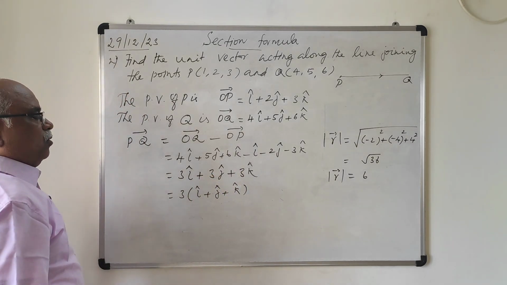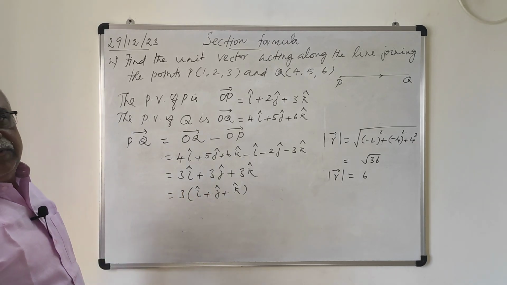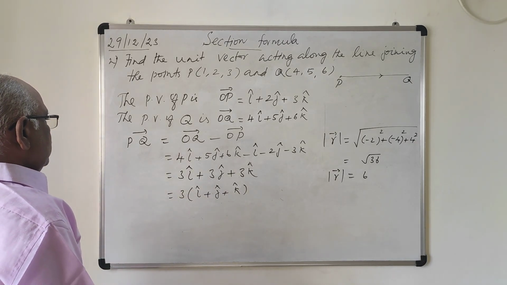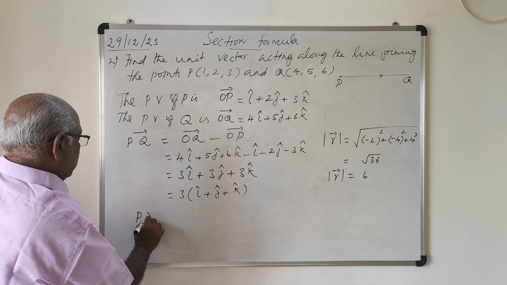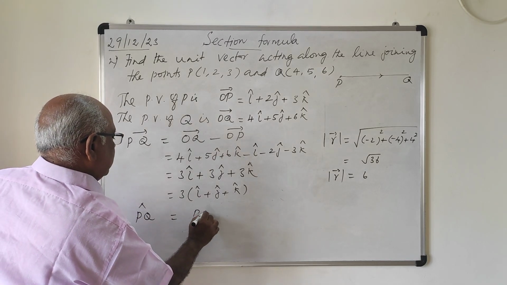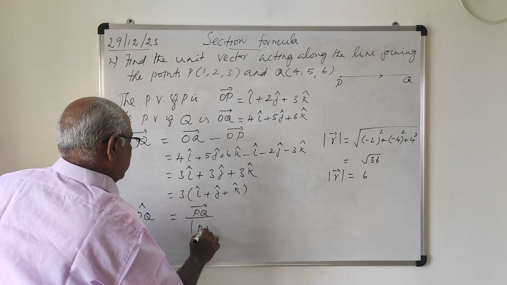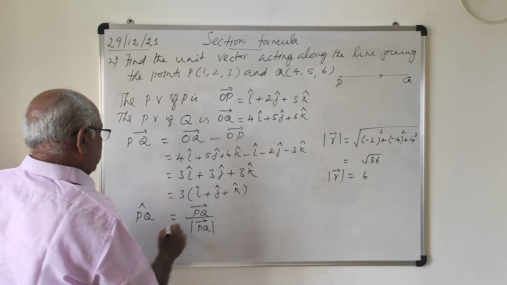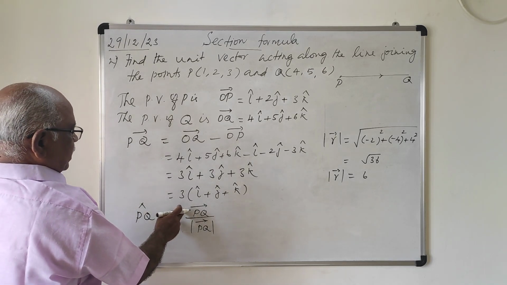Taking the common 3 out of all these components, I get 3 into i plus j plus k vector. Now we have to find the unit vector in the direction of PQ, which is PQ cap. By the formula, it is PQ vector by mod of PQ vector. That is, unit vector in the direction of A is A vector by mod A vector.